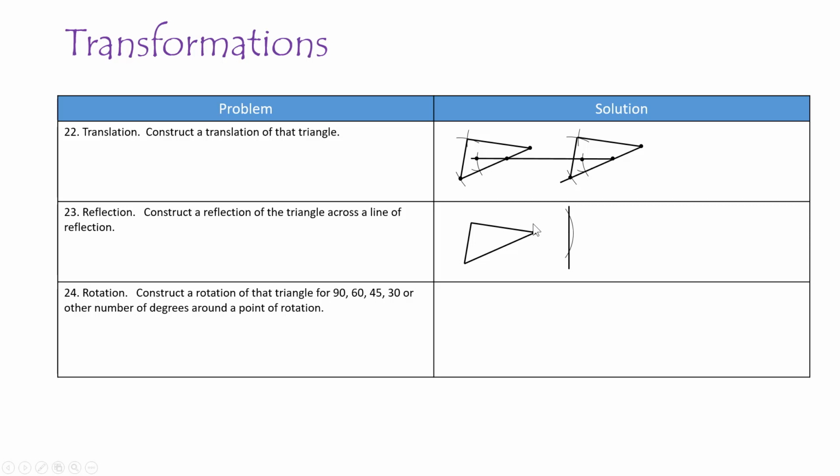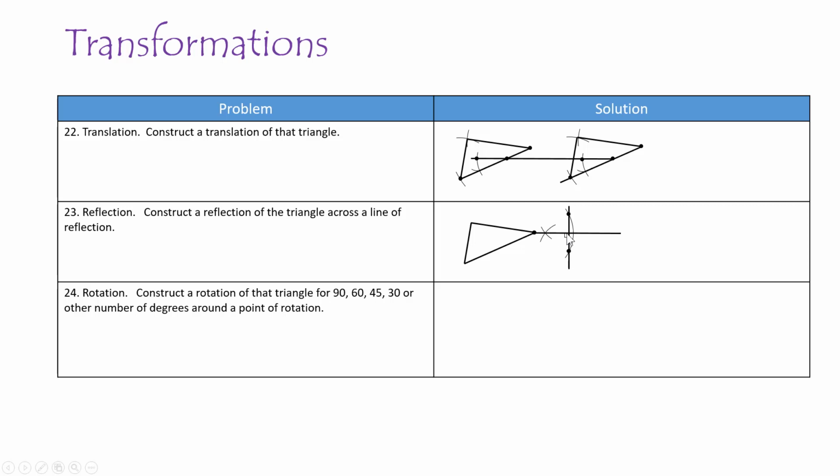You do that by making that sweep and cutting the line in two places, and then we make a perpendicular line by setting the compass a little more than halfway and making a crosshatch from one endpoint and from the other endpoint, and then we draw from that original vertex through the crosshatch, and that's our perpendicular line, right?